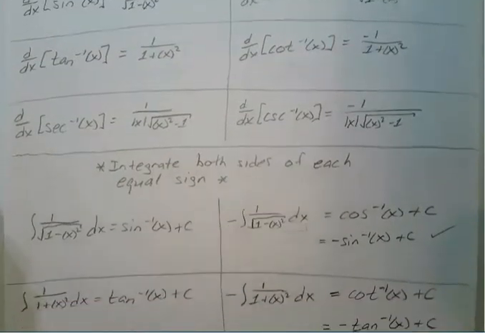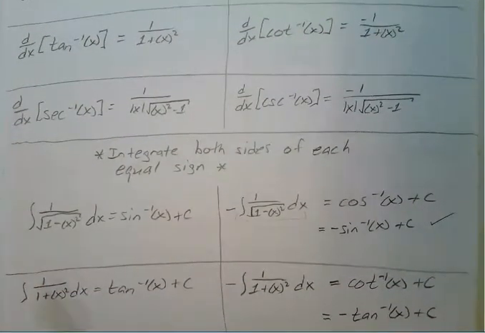Again, with the tangent inverse of x, if we integrate both sides, the derivative and integral cancel each other out, so we get the integral of 1 over 1 plus x squared dx equals tangent inverse of x plus c, or the negative integral of 1 over 1 plus x squared dx is equal to cotangent inverse of x plus c.